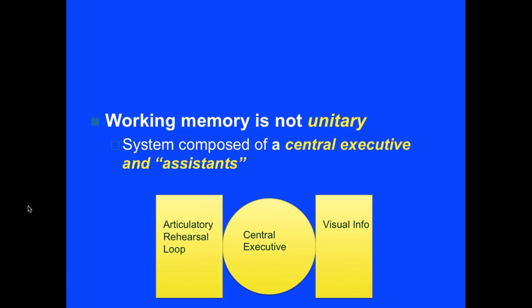Alan Baddeley was a young psychological scientist interested in memory. When he was beginning his work, people talked about short-term memory, and they conceptualized short-term memory as a simple kind of holding space.